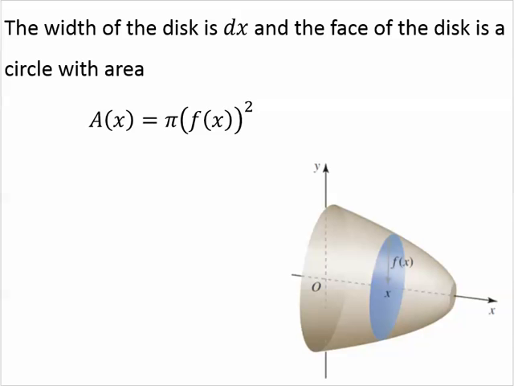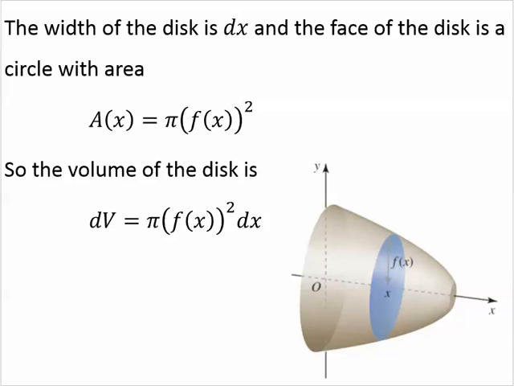The width of the disk is dx, and the face of the disk is a circle with area pi r squared, so radius squared. Now what's the radius of the disk? The radius of the disk is f of x. So that's where you get pi f of x quantity squared.